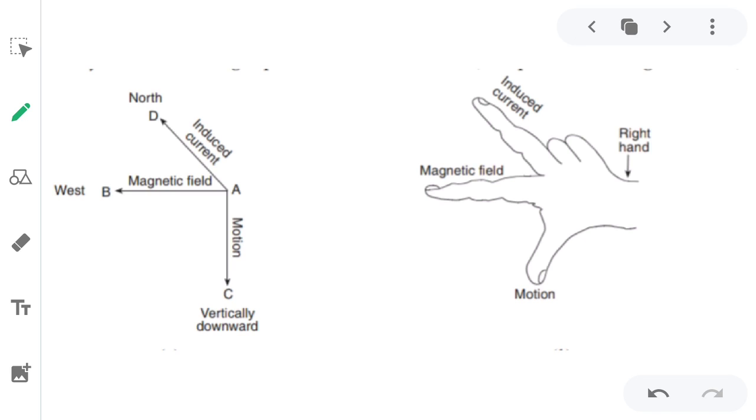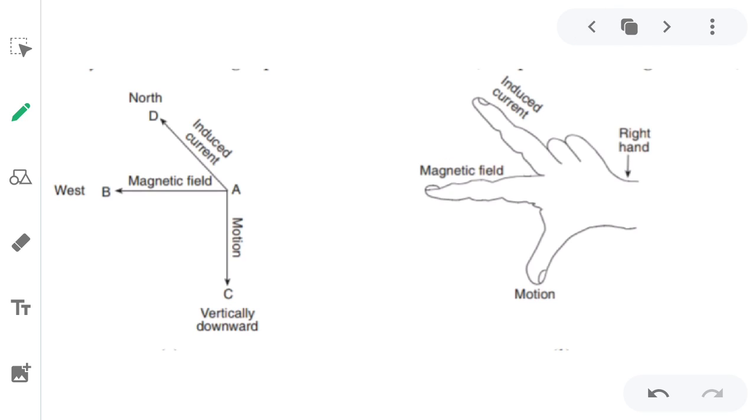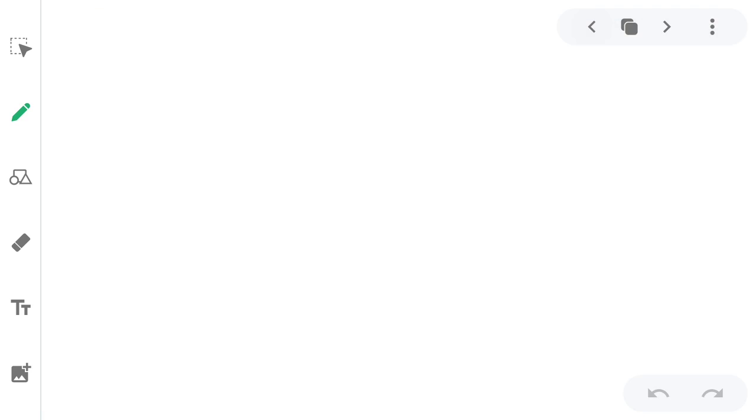So this is how you need to adjust your hand: the forefinger shows the magnetic field, the thumb shows the motion, and the middle finger shows the induced current. So that is Fleming's right hand rule.